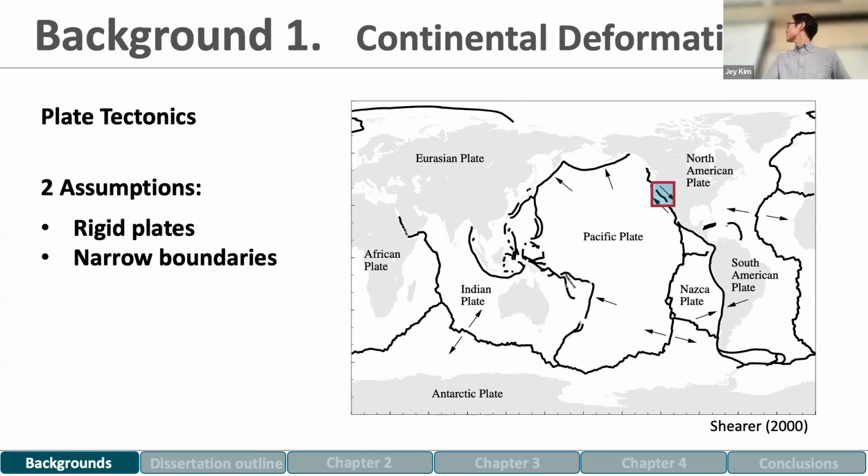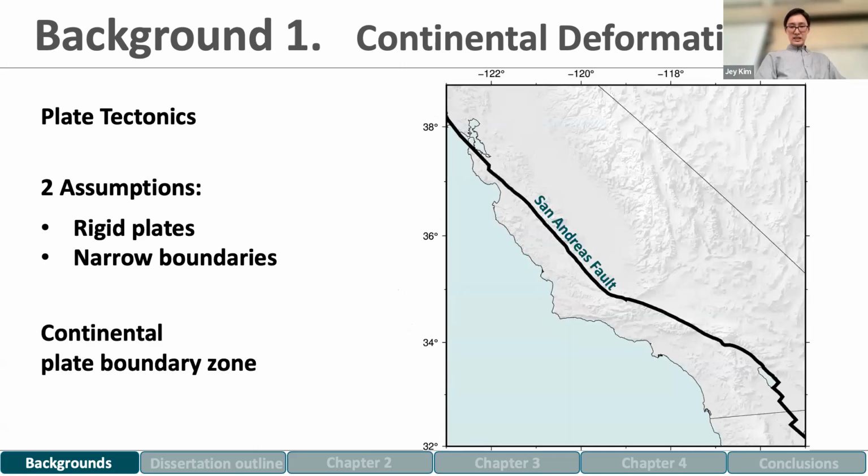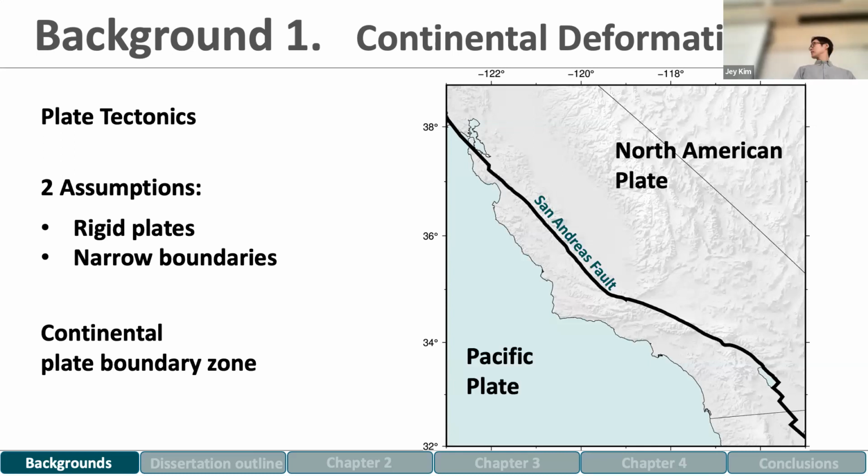Today I'm going to focus on this continental plate boundary zone, separated roughly by the San Andreas Fault, where we have two plates, the North American plate and the Pacific plate. The Pacific plate is moving faster than the North American plate, so we would expect a lot of shearing along the San Andreas Fault.